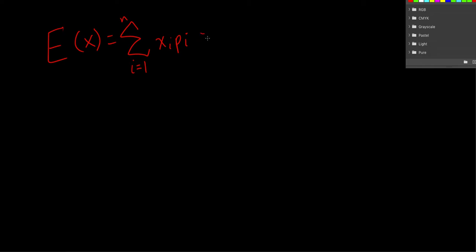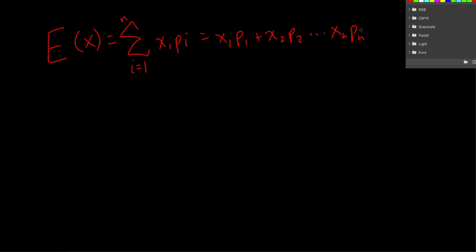Essentially it is x1 p1 plus x2 p2 dot dot dot xn pn. So you take each outcome and multiply it by the probability that that outcome will occur, and then we add all those together after we multiply each of those individually.